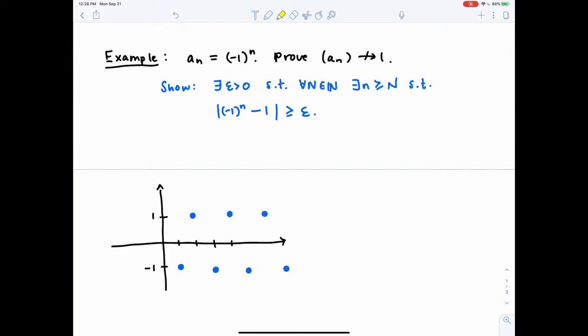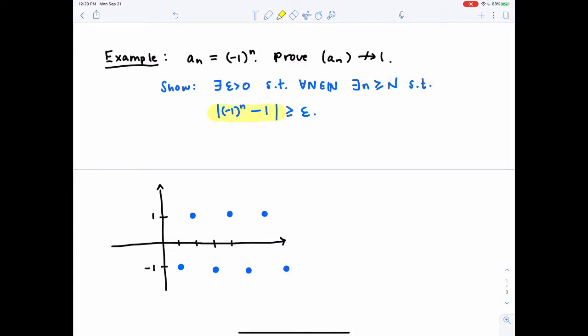So if I customize the definition of a_n not converging specifically to my problem, my A value in this problem is 1. So I want to show there exists an epsilon greater than 0 such that for all capital N there's a little n greater than or equal to capital N, such that the distance between a term in my sequence and the limit that I'm not approaching, 1, should be too far.